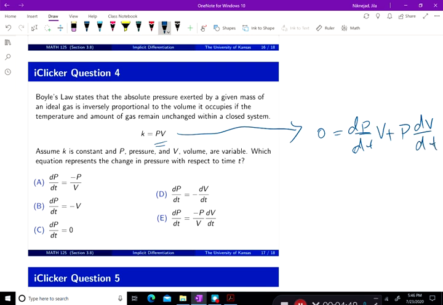And then I solve, and we have to figure out how to match this to one of the options.